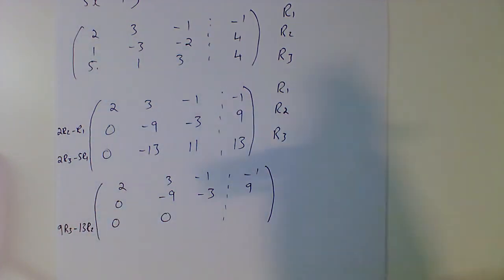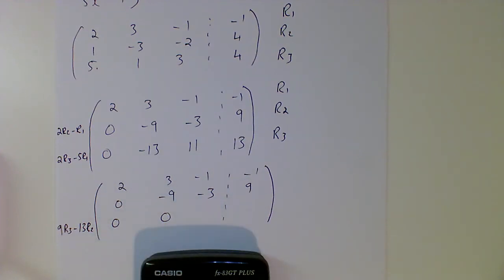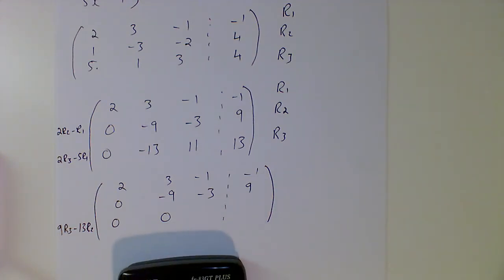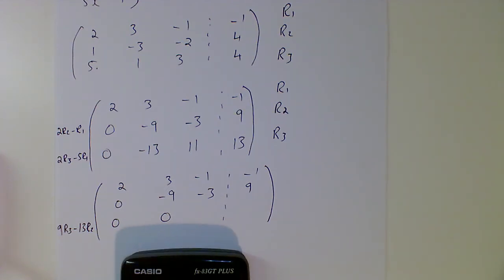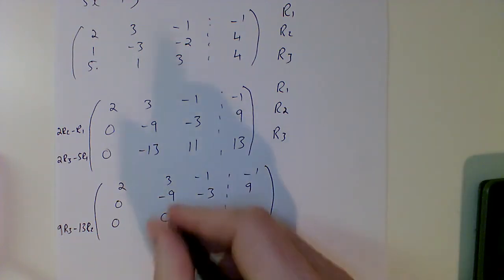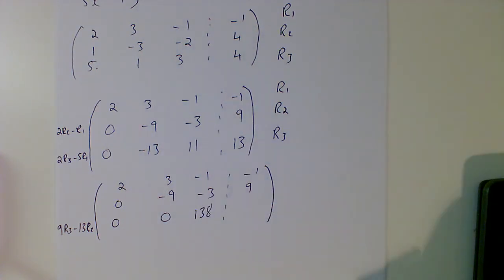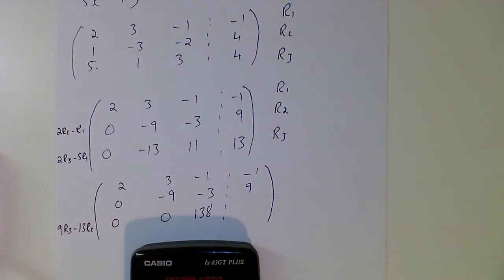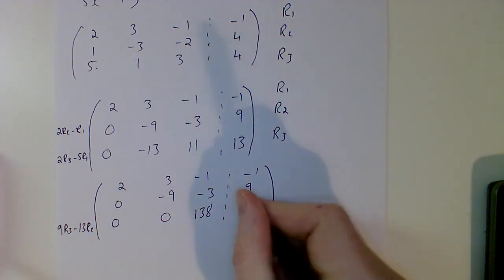0, 0, calculate it. I'm doing that right. Make sure you press the right button. I hit add instead, and then that just gives me 0.